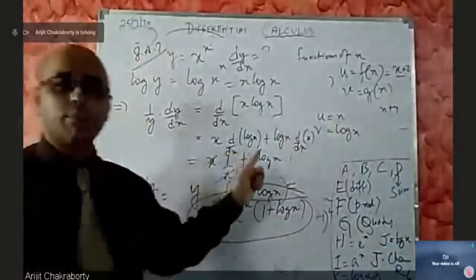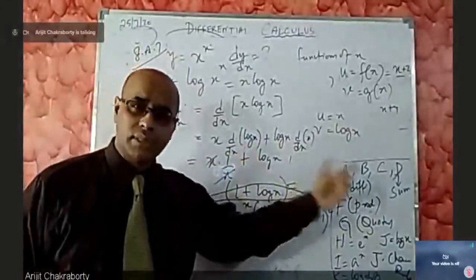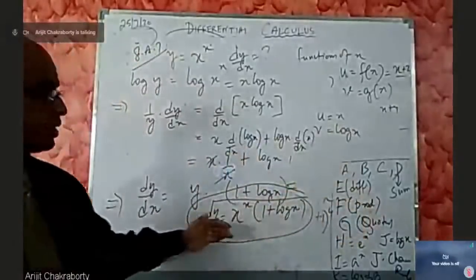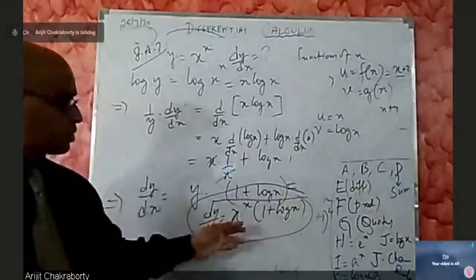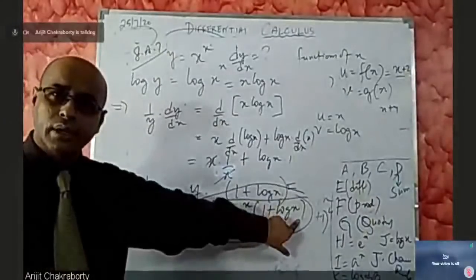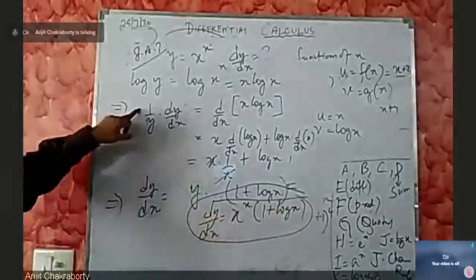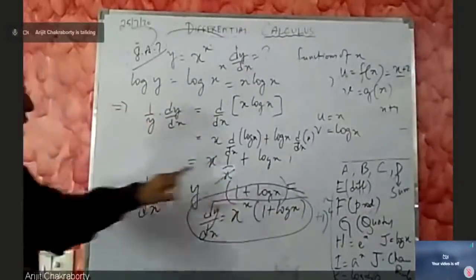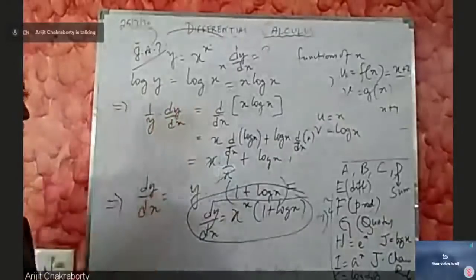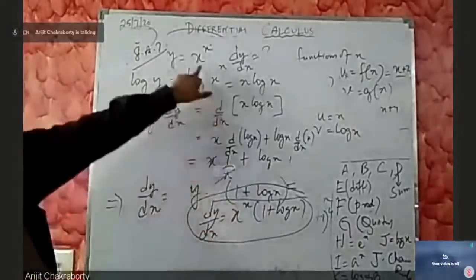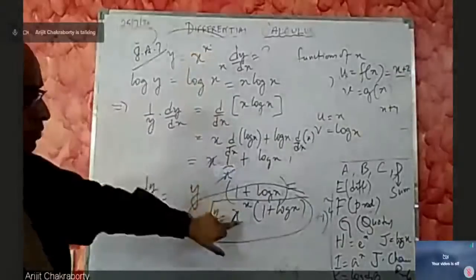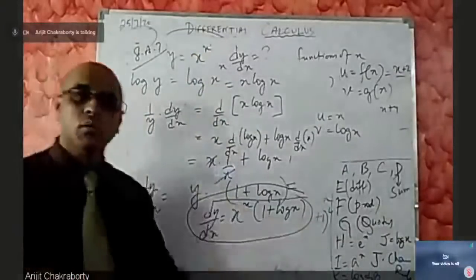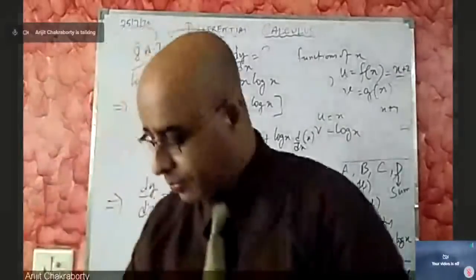So we applied the product rule, which I have discussed already, to get 1 plus log x. So the equation becomes 1 by y dy by dx equal to 1 plus log x. So y goes to the numerator on the right hand side, but y is x to the power x. So it becomes x to the power x into 1 plus log x.